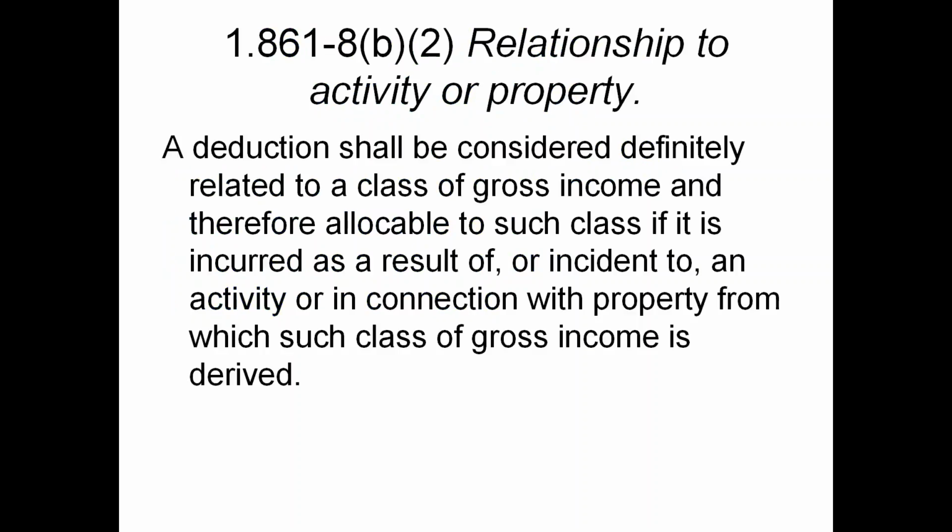So let's delve into a little bit more of this relationship of a cost to an activity or to property. And again, I'm going to read it. A deduction shall be considered definitely related to a class of gross income and therefore allocable to such class, not apportionable, allocable, if it is incurred as a result of or incident to an activity or in conjunction with property from which such class of gross income is derived.